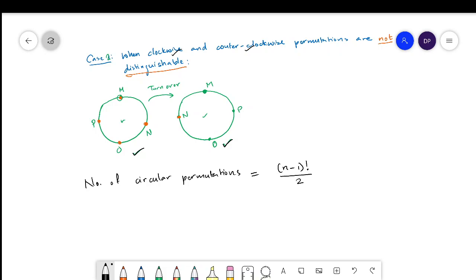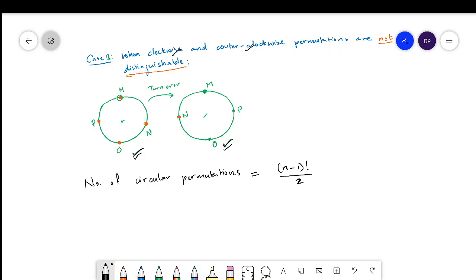For each such arrangement there will be its duplicate, so we divide by 2 and take only one of the two arrangements. That's why we're dividing by 2.